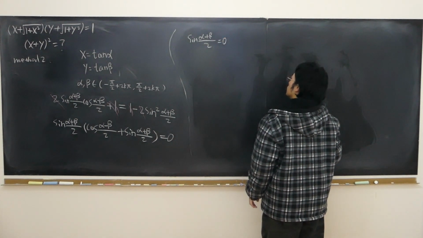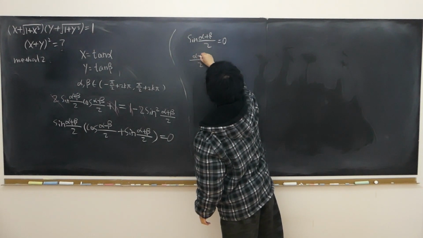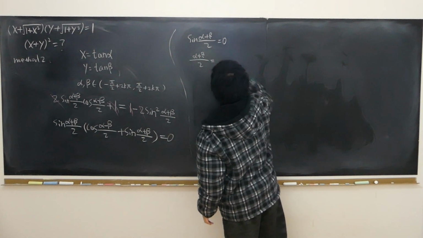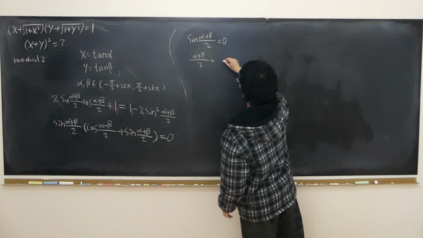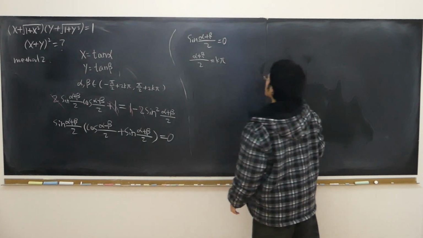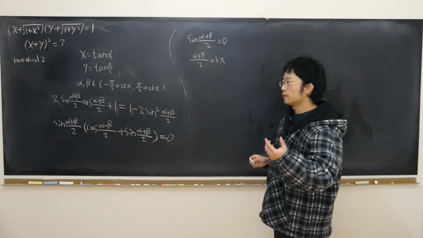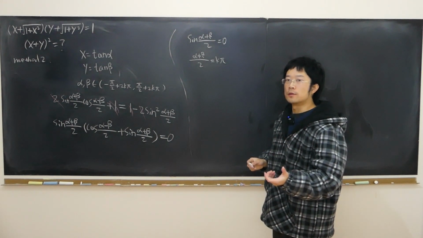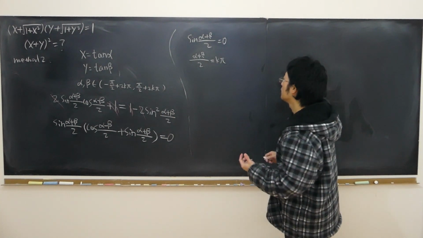In this case, half of alpha plus beta must equal 0 plus k pi, so equals k pi. Because remember, not only sine 0 equals 0, but sine pi is also equal to 0, and so is sine 2 pi, sine 3 pi, and so on.